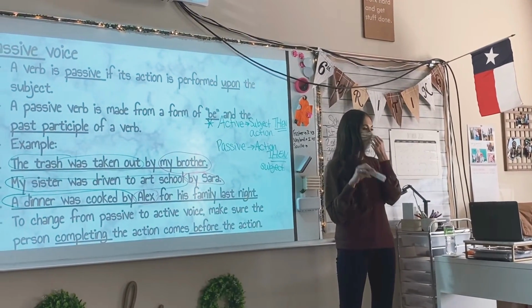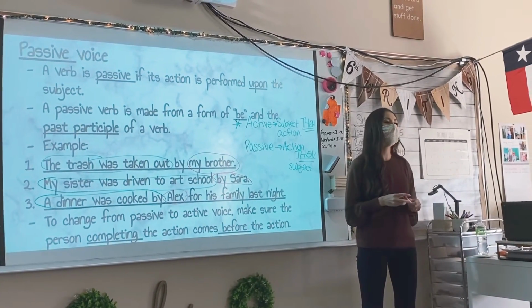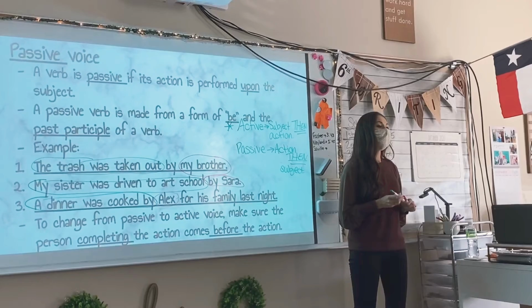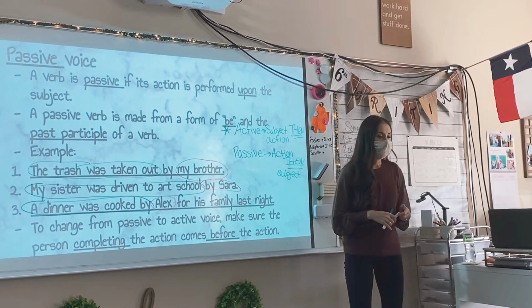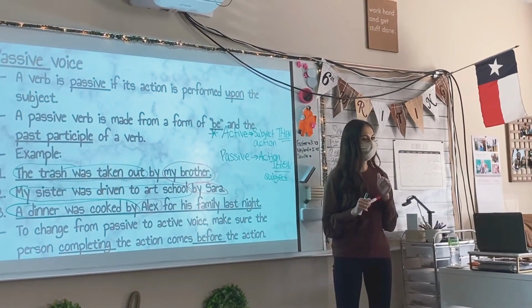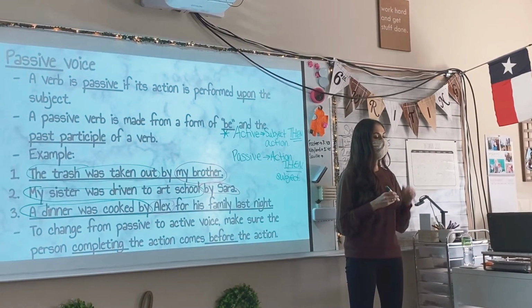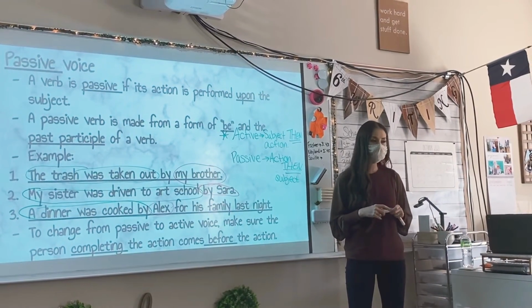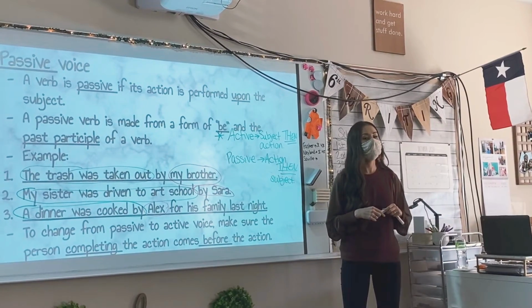What's the subject? The mom, and what did the mom do? She put the wreath on the door. Very good, John Deere. Anybody else? Aries? The game was won by my brother. What's the subject? My brother, and what did he do? He won the game.